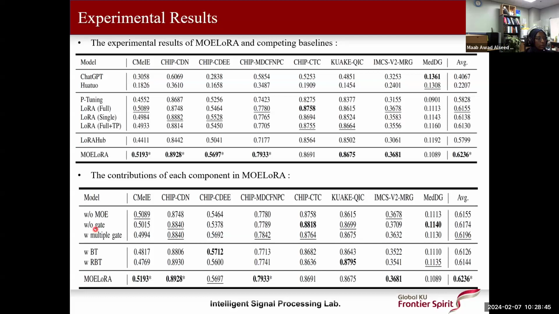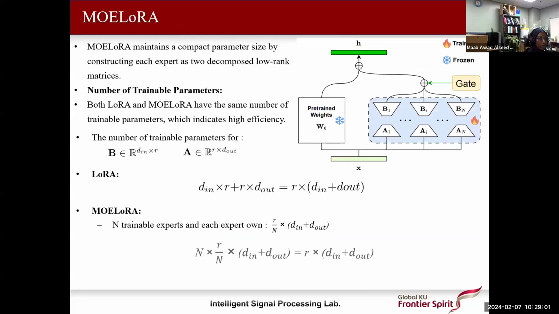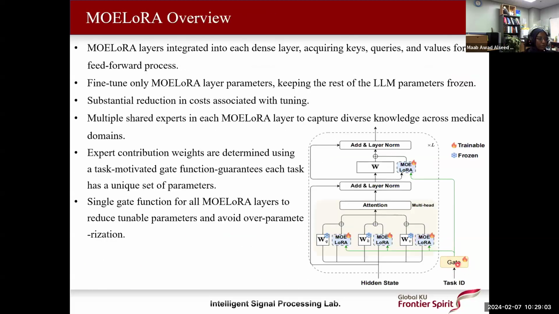The second one, they remove the gate function from the mixture of expert method. And the third one, instead of using one gate function for the whole data layers, they use a different gate function for each data layer.